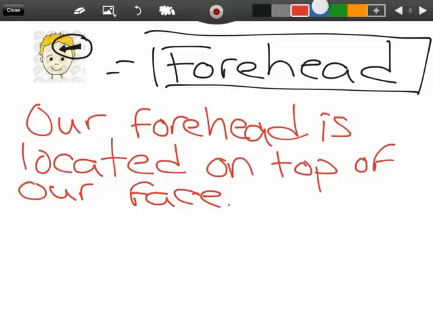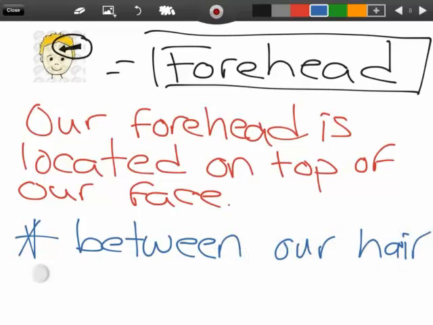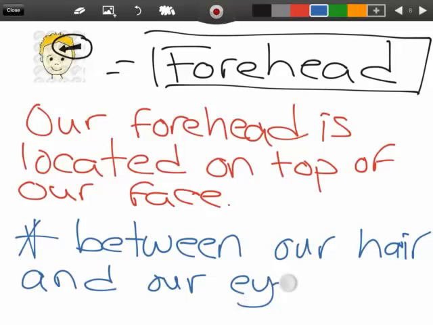Well, where is our forehead? It's on the top of our face, right between our hair and our eyebrows. I'm going to go ahead and write that here also. Between our hair and our eyes. Right, so where is our forehead? Our forehead is located on top of our face, between our hair and our eyes, or eyebrows.